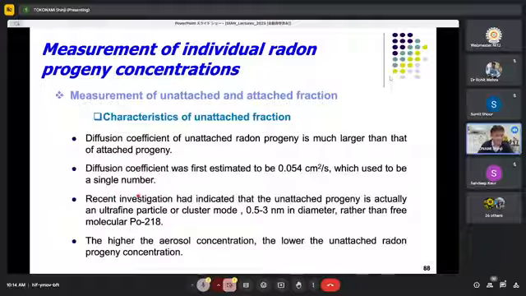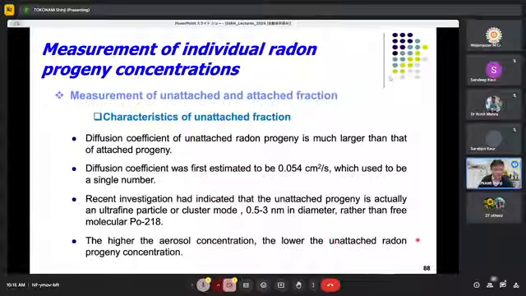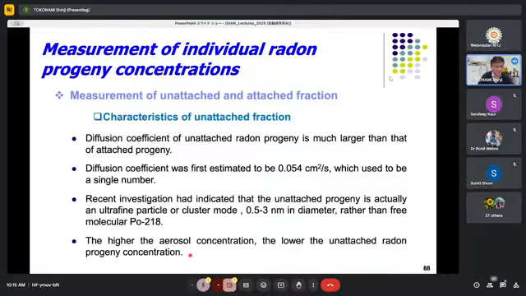Recent investigation had indicated that the unattached progeny is actually an ultra-fine particle or cluster mode, 0.5 to 3 nanometers in diameter, rather than free molecular polonium-218. The higher the aerosol concentration, the lower the unattached radon progeny concentration.